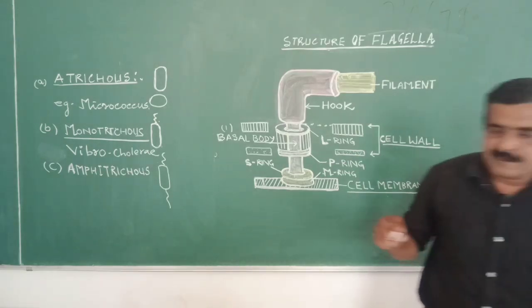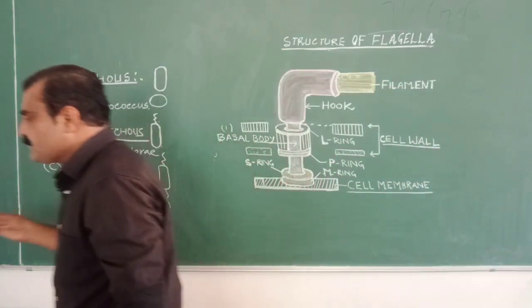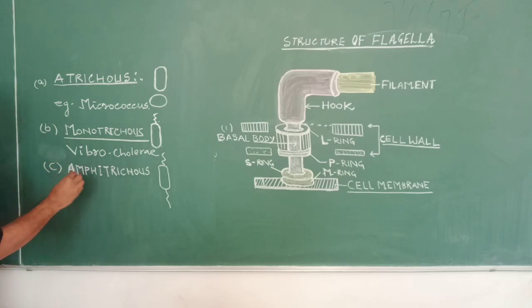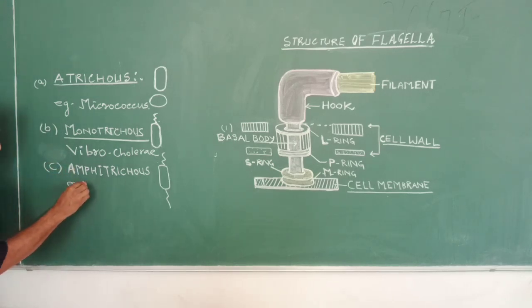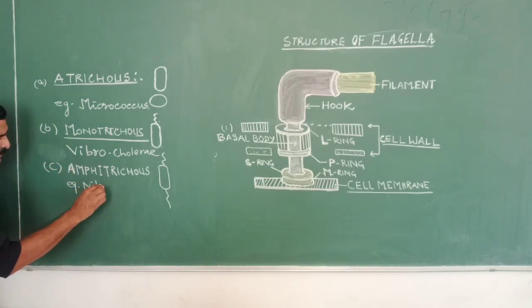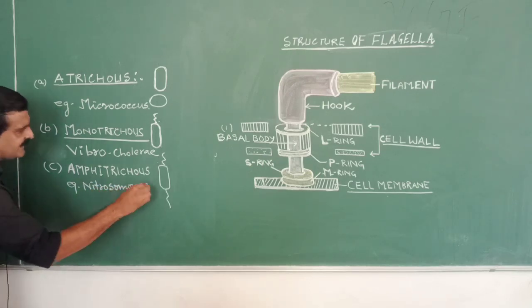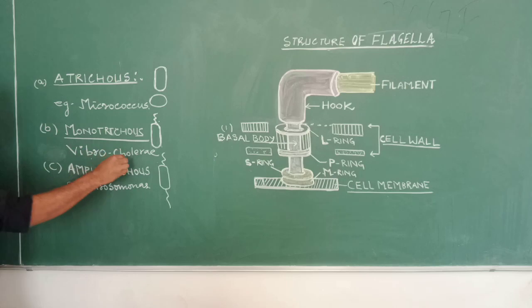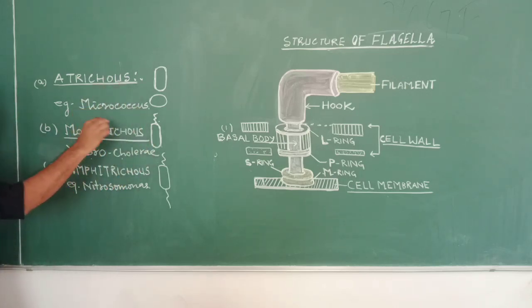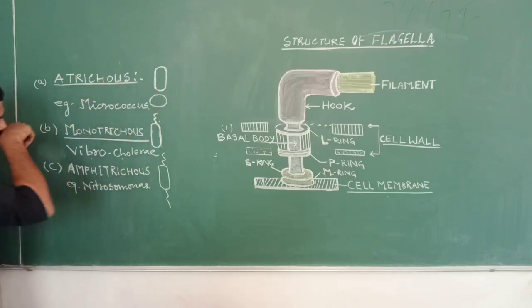Trichus, and an example of the Amphitrichus bacteria is the Nitrosomonas bacteria. Nitrosomonas bacteria is Amphitrichus, Vibrio cholerae is Monotrichus, Micrococcus is Atrichus.